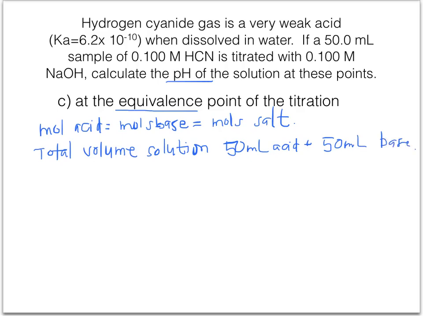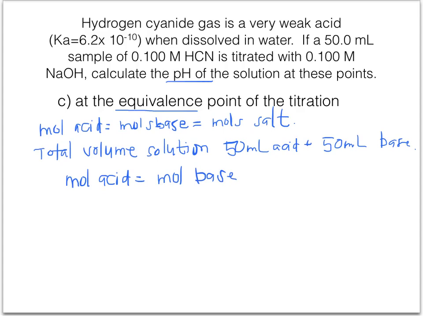Now, how did I know we added 50 mils of base? I just did a little calculation. If I know that moles of acid has to equal moles of base, then just by calculation, I know that I have 5 millimoles of acid.